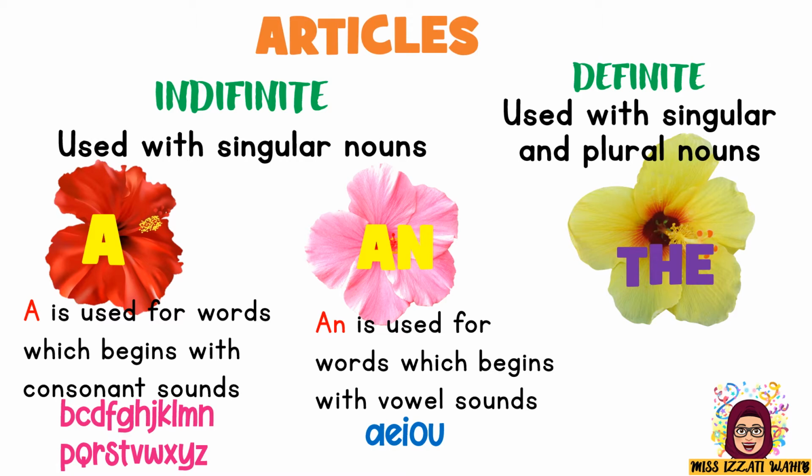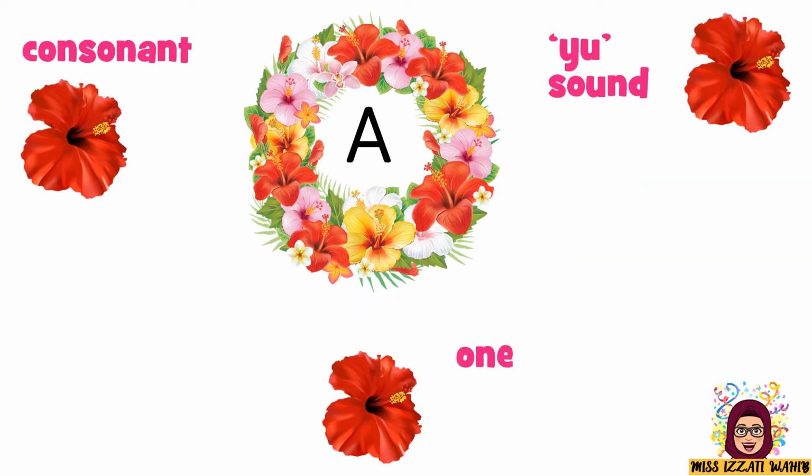Let's look at the example. Okay, for a, we can divide it into 3 groups, which is number 1 is consonant. A book, sebuah buku. A sofa, sebuah sofa. A game, satu game.